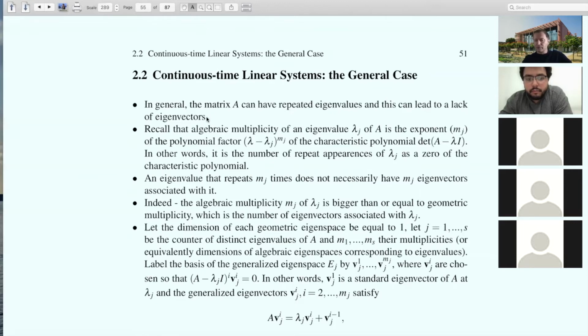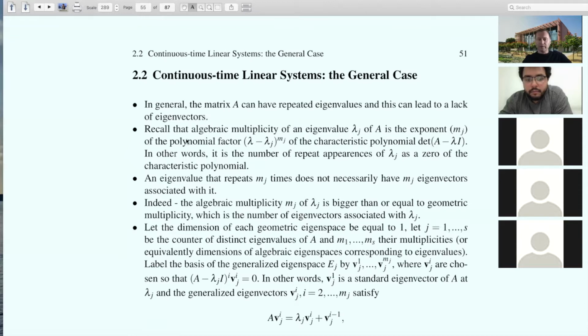I mean, in certain situations, you can have, for example, a repeat eigenvalue lambda, and you have two solutions of your characteristic equation that are the same, and you could potentially have two eigenvectors corresponding to those two same solutions. But in general, that might not be the case. So you might not have two eigenvectors associated with a repeat eigenvalue.